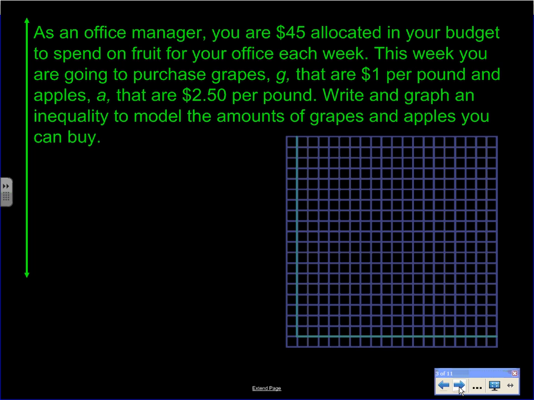Well, we know that grapes are $1 per pound, apples are $2.50 per pound, and whatever we spend on grapes and whatever we spend on apples will be added together to figure out how much money we are spending on fruit for the week. Now, if we're allocated $45, are we allowed to spend more than $45, or less than $45?